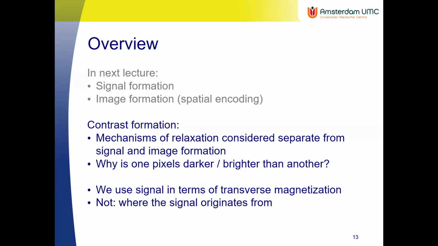Because the RF signal comes out of the brain into our antenna, but it doesn't tell us exactly where. So we can't make an image from that as it is now. But I will explain that in my lecture on Wednesday. So for now, we're going to look at the contrast. And I do that because we also have the practical tomorrow morning.